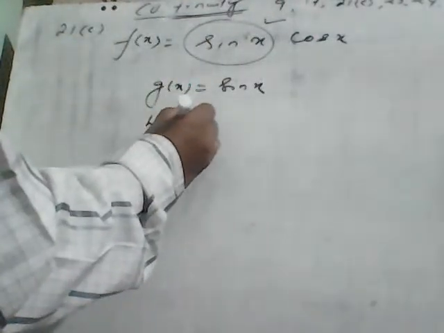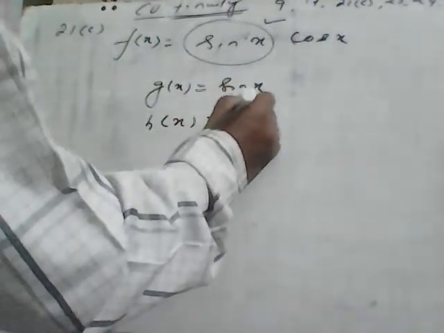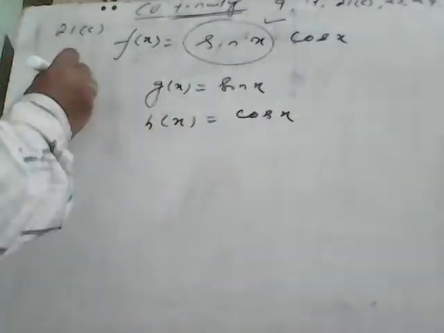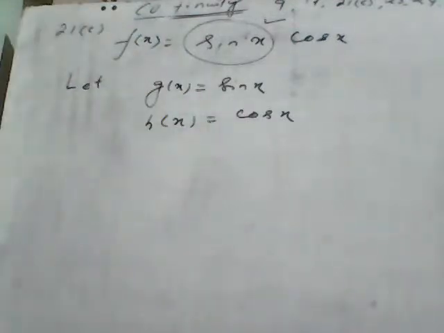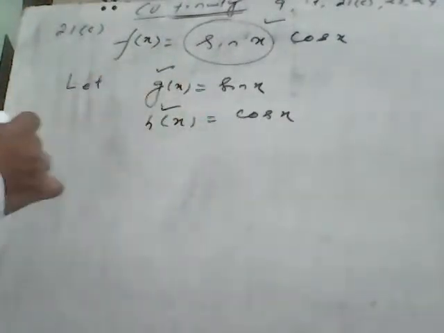Another function you take, h(x), let it be cos x. Then you write it directly: g(x) and h(x) both are continuous in the set of real numbers.